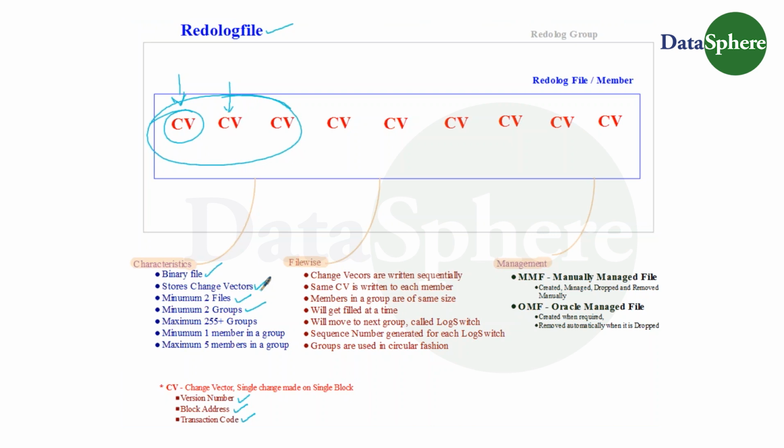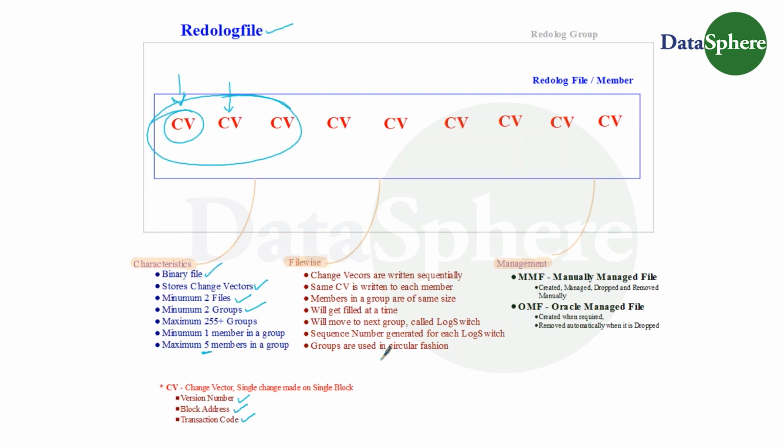What is the advantage? We'll see that. So minimum 2 files are required, and they must belong to 2 different groups. Maximum we can have 255 or even more groups now onwards. Minimum 1 member in each group, maximum 5 members in a group, and each member is of the same size.